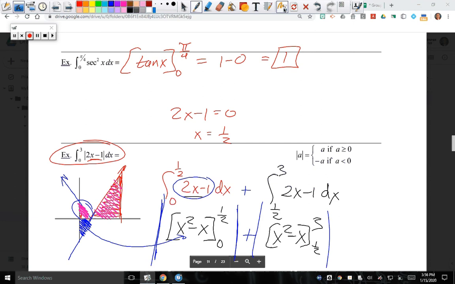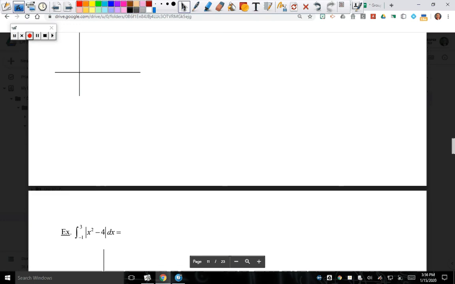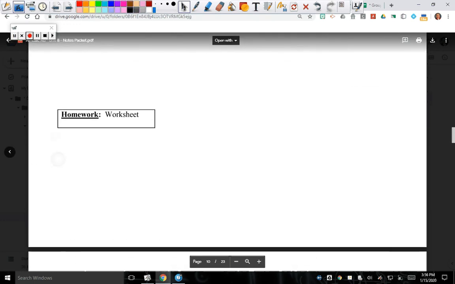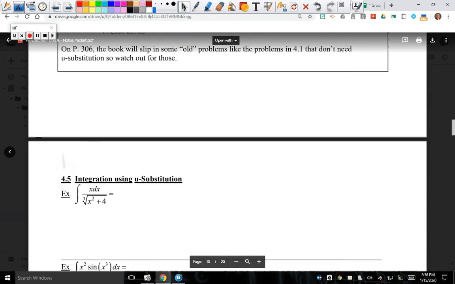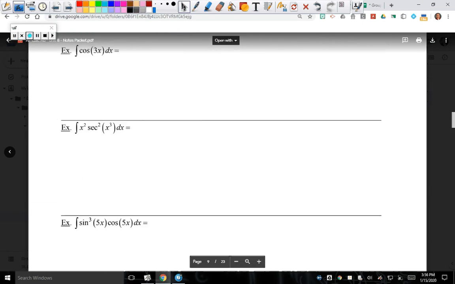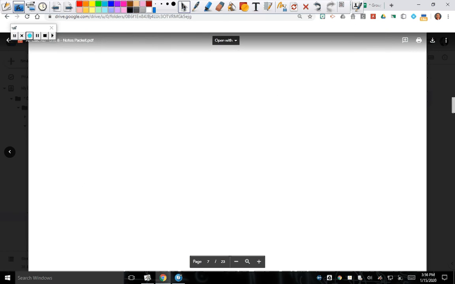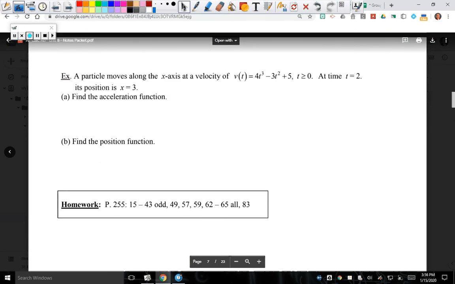Okay? And to finish today's notes, there's another example. Ultimately, our goal with indefinite integrals is to do something that looks like this. Look at this.